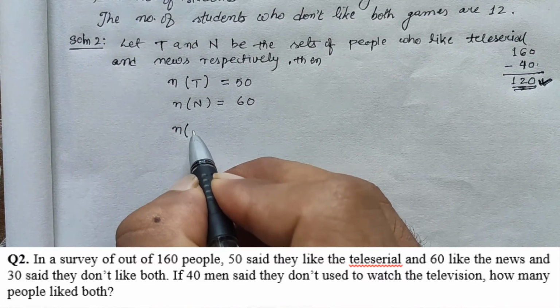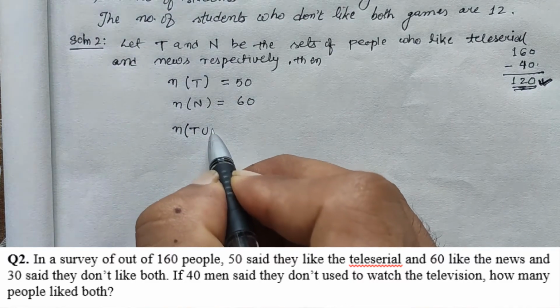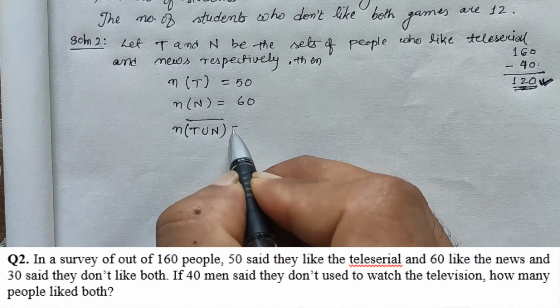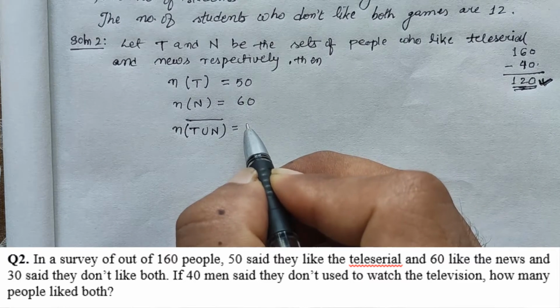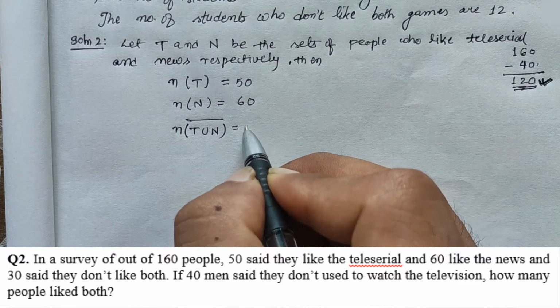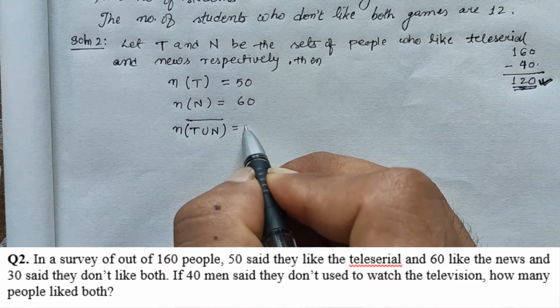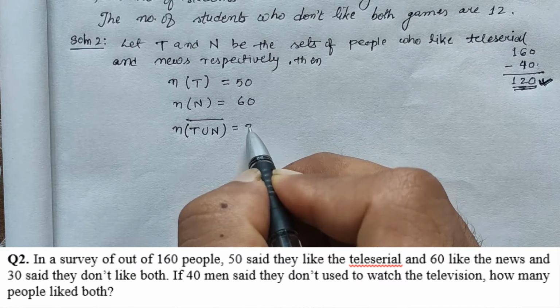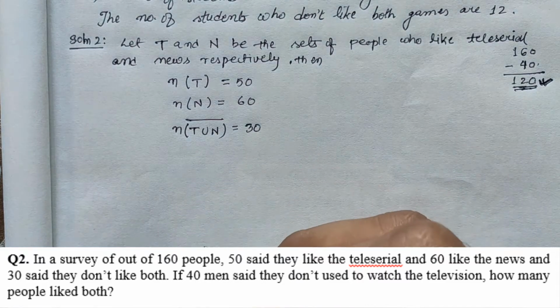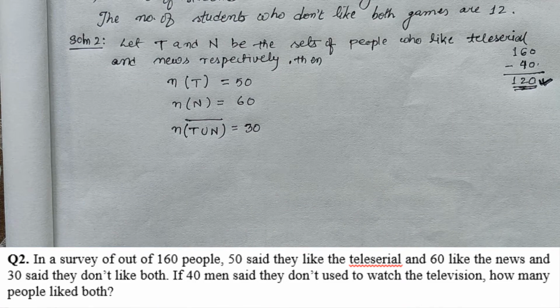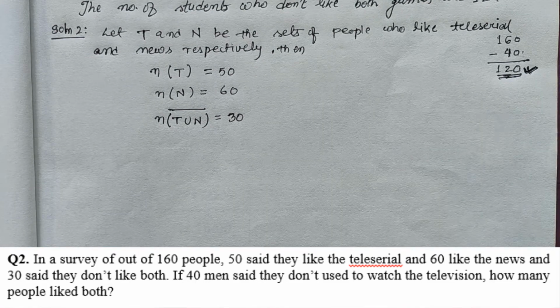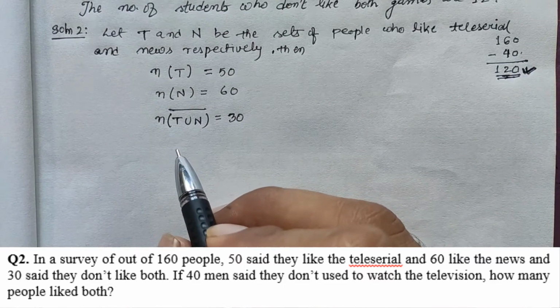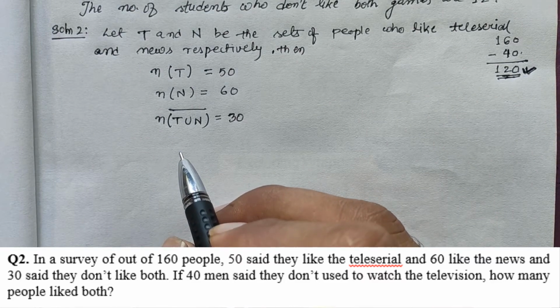So the complement of the union, T union N complement, is 30. So the complement part is 30, and 40 said they don't watch television.